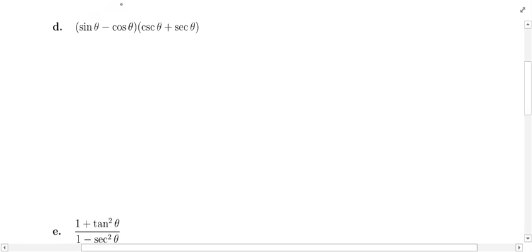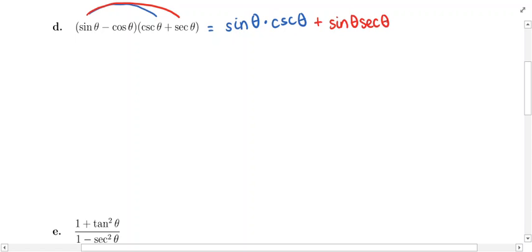We need to multiply the first terms together, so this is going to be sine of theta times the cosecant of theta. Then multiply the outer terms together: sine theta times secant of theta, so we get plus the sine of theta times the secant of theta.